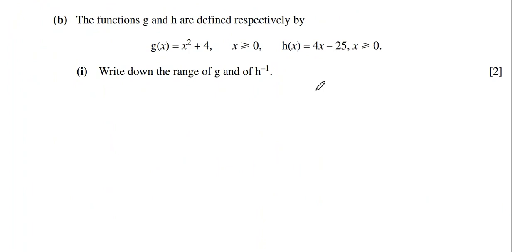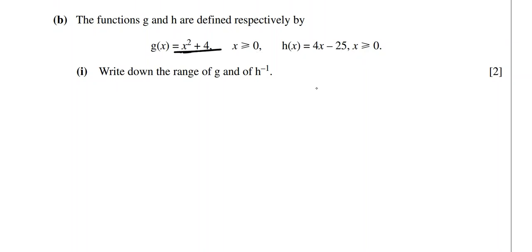Alright, the next one. The functions g and h are defined by these, so they have nothing to do with the first part. g x is this, h x is this, both for x greater than 0. That means there is no negative value. Write down the range of g and h inverse.